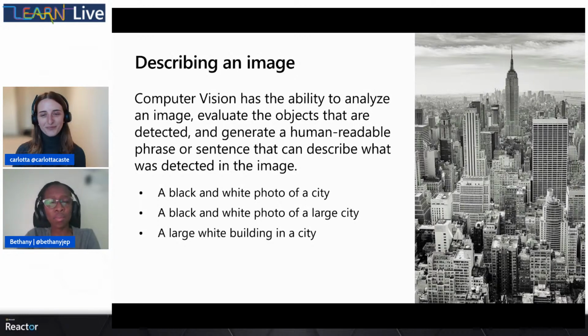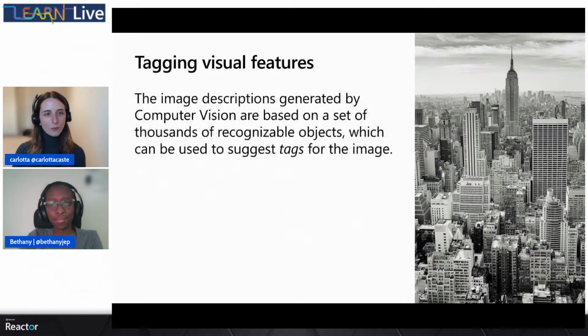Carlotta, how else can we use this service to analyze different images? Yeah, so let's move ahead with the second visual feature we want to cover today, which is tagging visual features. The image descriptions generated by the computer vision service we just talked about are based on a set of thousands of recognizable objects, which can be used to suggest tags for a given image.